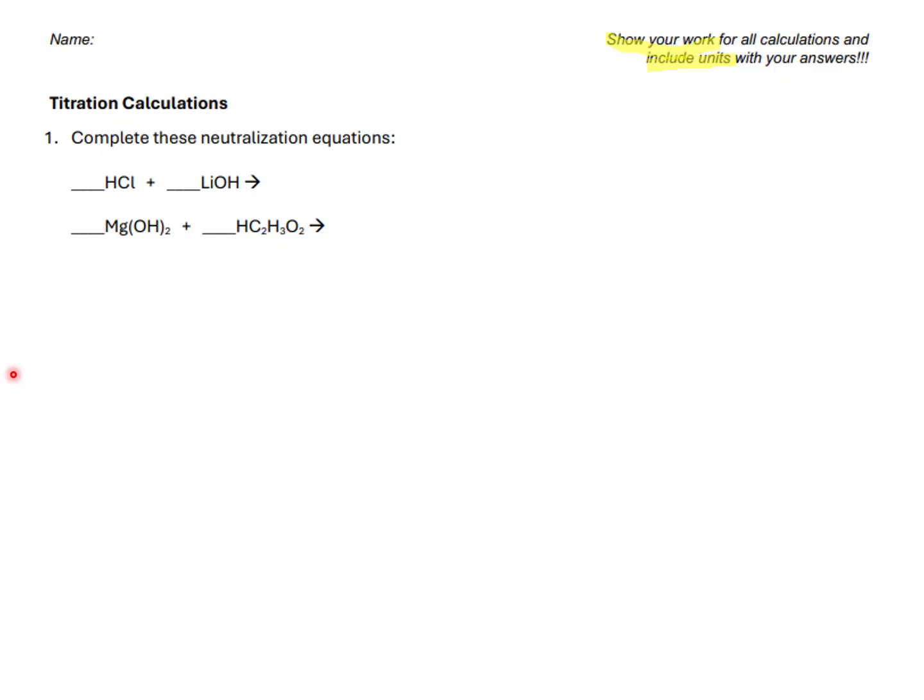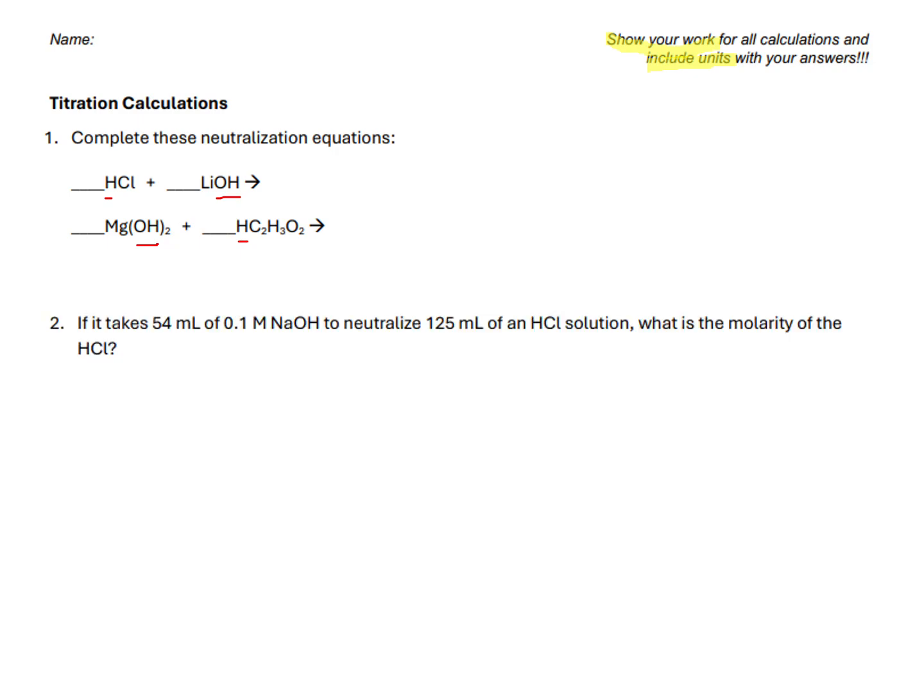Remember, the key thing here is to notice how many acidic hydrogens you have and how many hydroxides you have. So for the first one, we have a 1-to-1 relationship, so that's pretty easy. For the next one, we have 2 hydroxides and only 1 acidic hydrogen. So I'm going to let you figure out what the products would be.